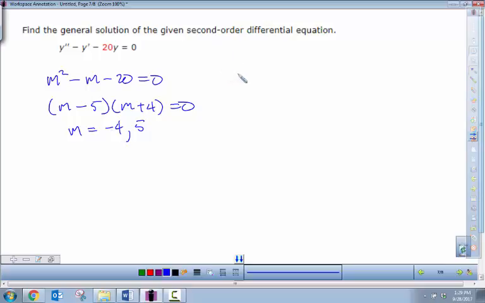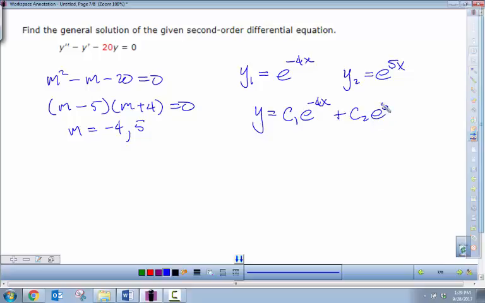So your fundamental solutions would be e to the negative 4x and e to the positive 5x. And then you just string that together to get your general solution with the arbitrary constants: y equals C1 times e to the negative 4x plus C2 e to the positive 5x.